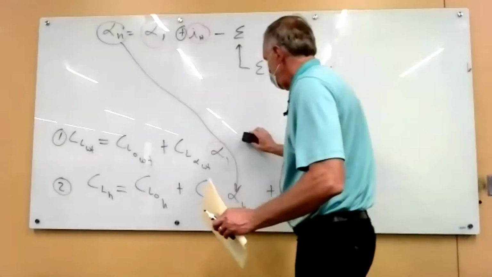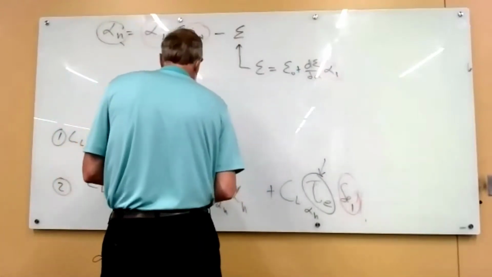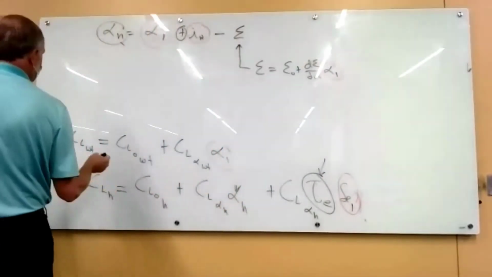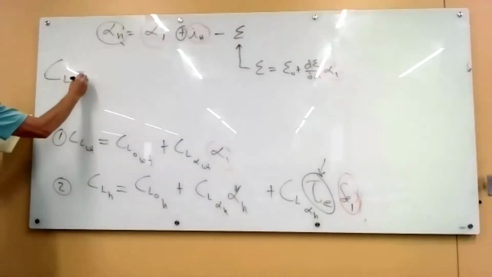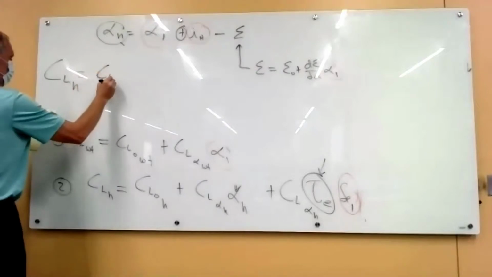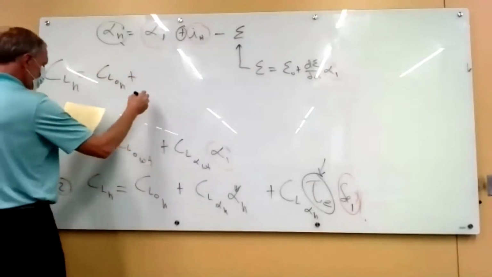So let's start with the ones that I circled in red. Actually, let's write out this CLH with it substituted in, because then it's going to be easier. So there's that.